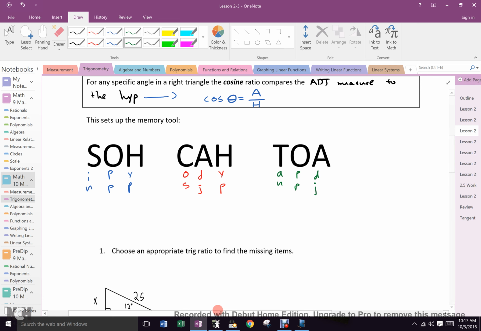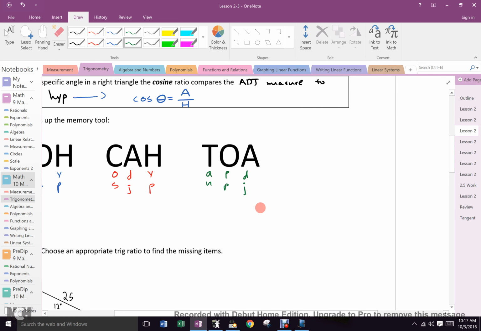Now, what I want for you to do is in this blank spot over here, what do you think we're gonna draw? A triangle, because we're doing trig, and you can't do the trig without the triangles. Got it? Okay. Draw a triangle.